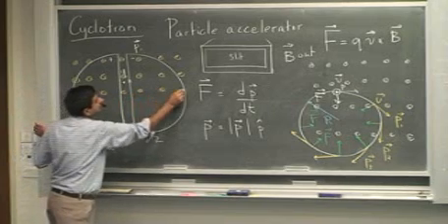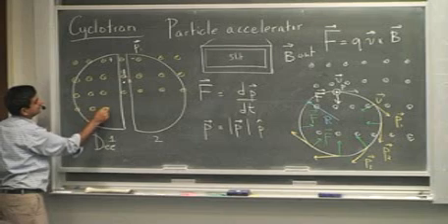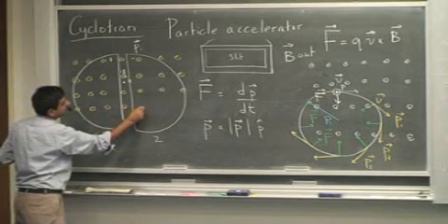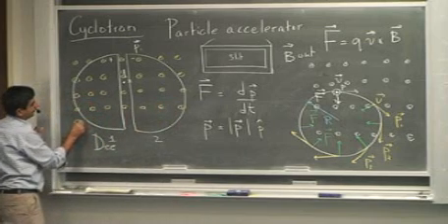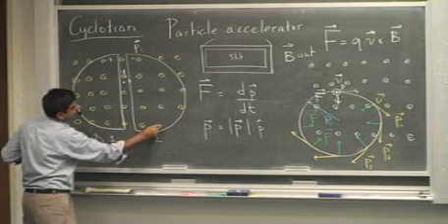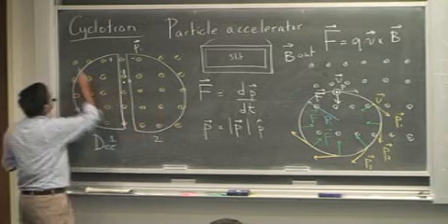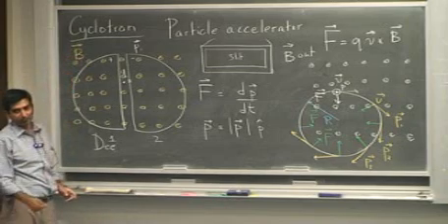Magnetic fields, unlike electric fields, can penetrate inside metals. There's nothing stopping them from doing that. Suppose this uniform field is B, and it's pointing out of the plane of the blackboard.